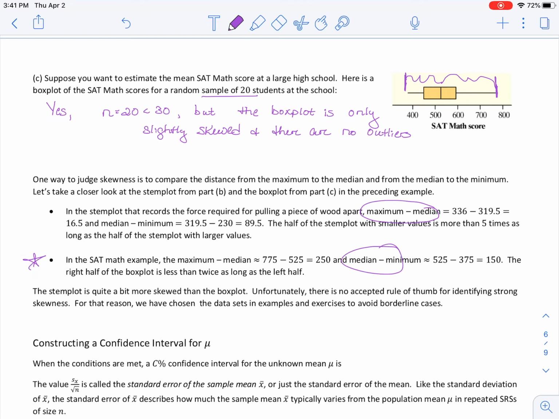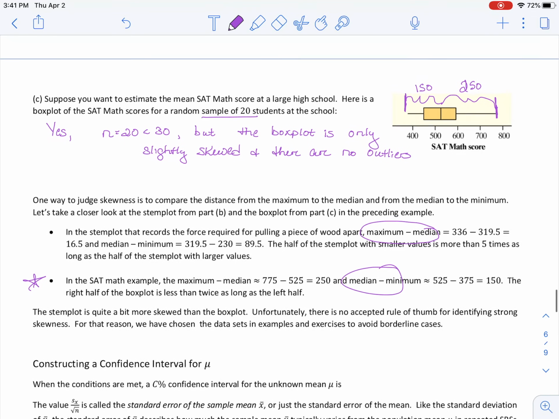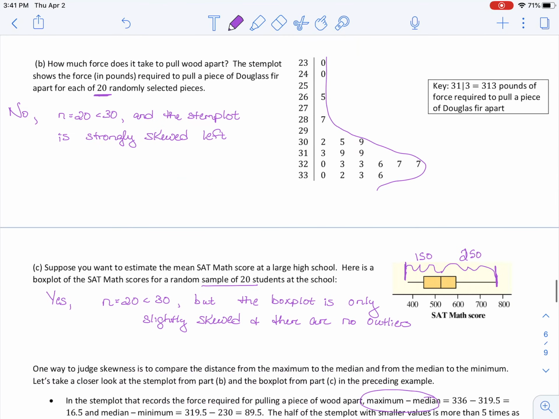If you calculate that and make some estimates on this box plot, the upper end is a distance of 150-ish. That's not right, that's 250. And the lower would be 150. So it is more spread out on the top half. However, that's not that much. It's less than twice as long as the left half.